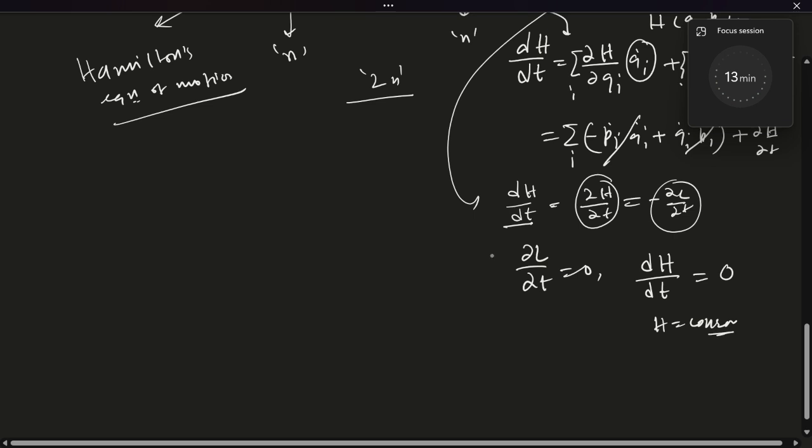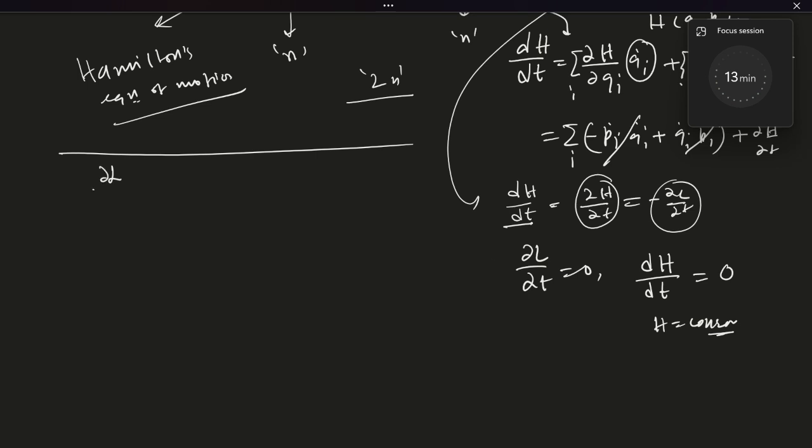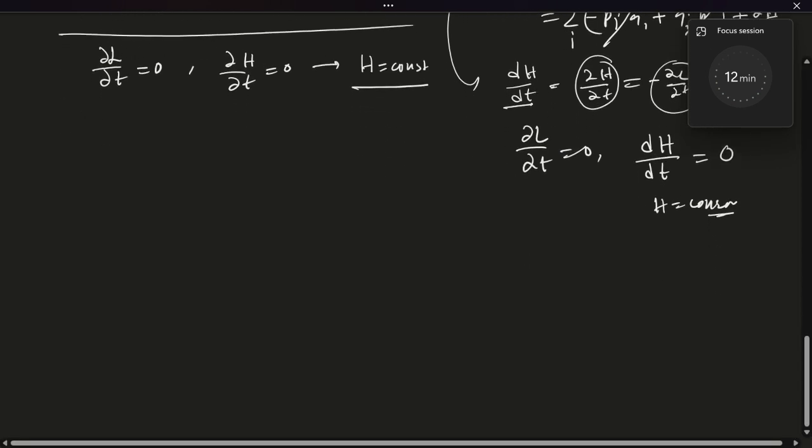So you got one concept here: if your Lagrangian does not contain time explicitly, your Hamiltonian will also not contain time explicitly, and that will lead to H equal to some constant. That means H is conserved. That is one idea, an interesting thing.